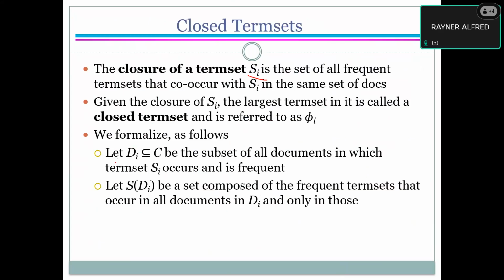We formalize this. Let di be all the documents that contain the term set si and is frequent. And let this be a set composed of the frequent term sets that occur in all of the documents. That means this is all the term sets that consist of all of the documents that we have, which is the di.